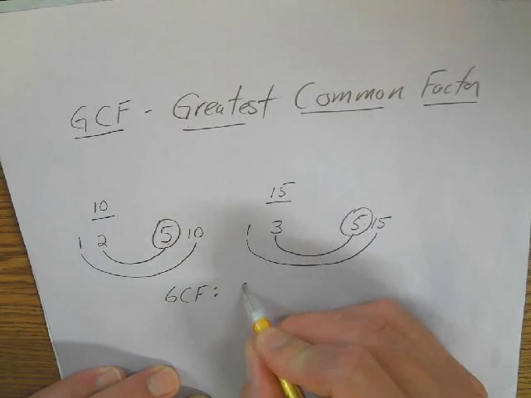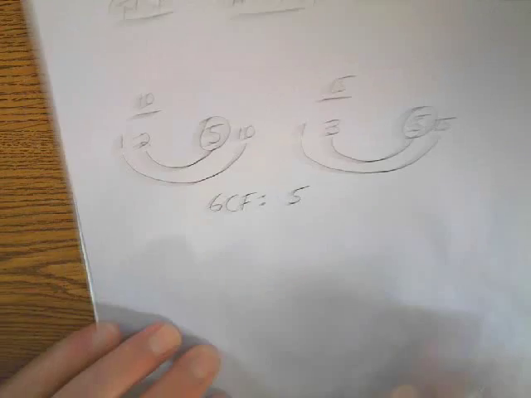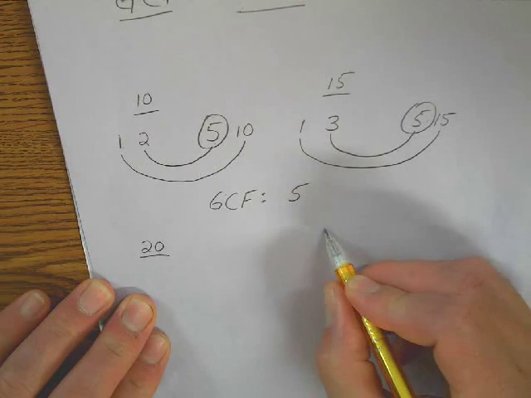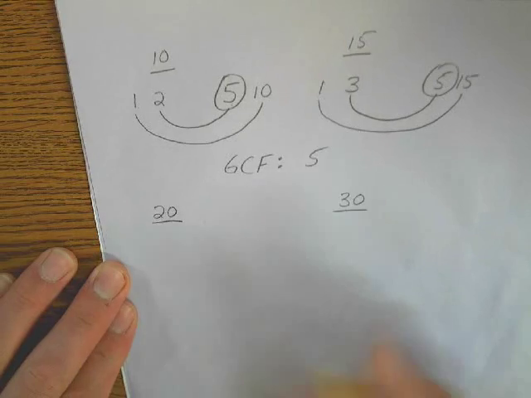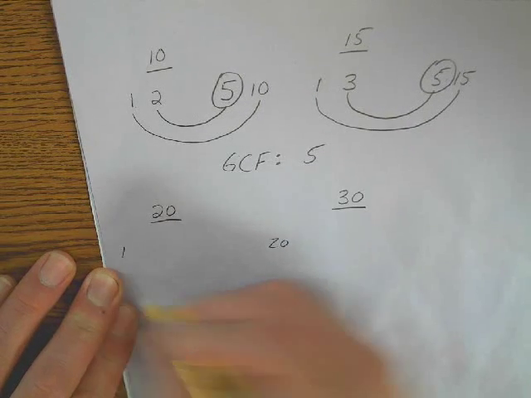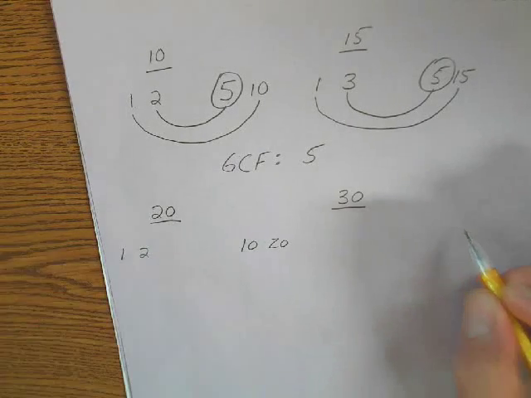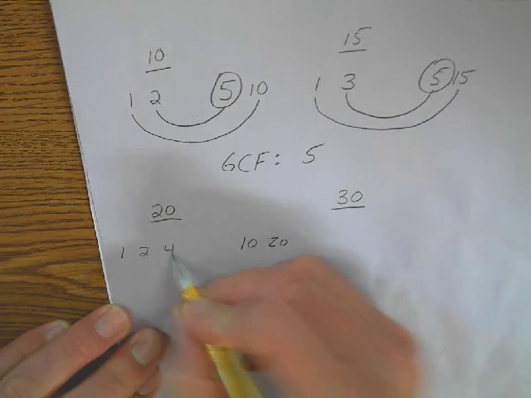Let's try another one. So let's do 20 and 30. Again, we're going to start with a 1 and a 20, 2 and a 10, 3 doesn't work, 4 will work. 4 times 5 gives us 20, and then we're basically back to 5 again.